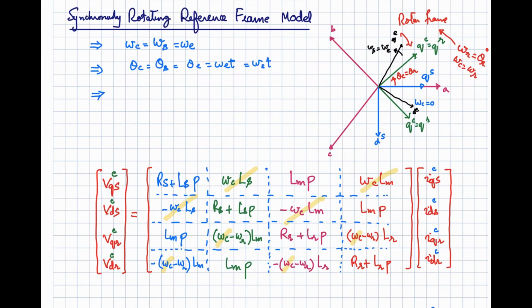So if that is the frame of reference, how will the ABC quantities be represented? First of all, you will be translating ABC quantities into QE and DE, looking at this angle theta E. And once those are translated, then the D axis and Q axis currents and voltages of the stator and of the rotor sides can be correlated with each other with the help of this model, which is basically the arbitrary frame of reference model.